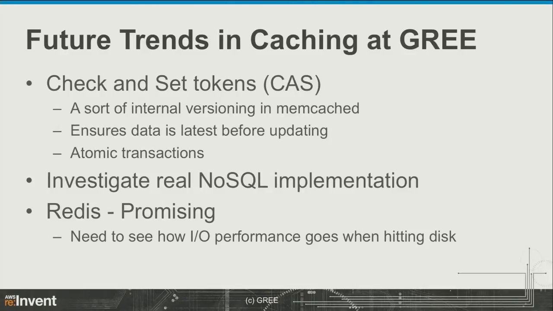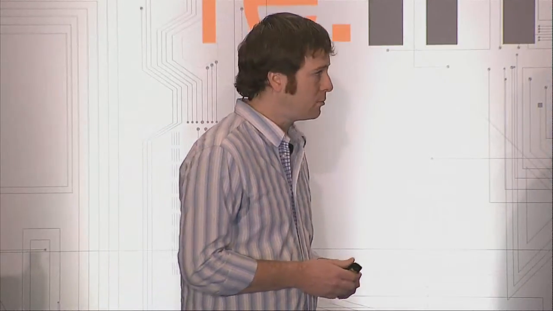This is a standard Memcached option; it's basically internal versioning. We'll probably be able to reduce the number of retries and the incidence of collisions by making use of the atomic nature of each of those transactions.